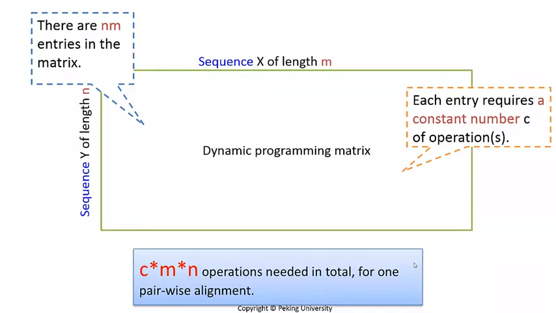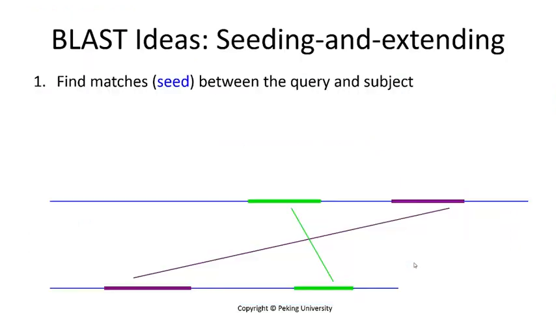As mentioned before, in dynamic programming, the key to reducing the computational time is to reduce the number of cells to fill in as much as possible. Specifically, we should try to compute only those cells in or surrounding the optimal alignment path. BLAST is an extension of this idea.